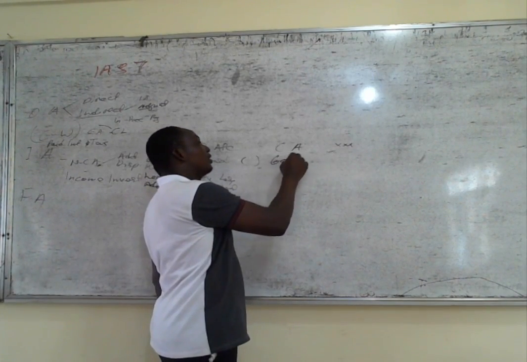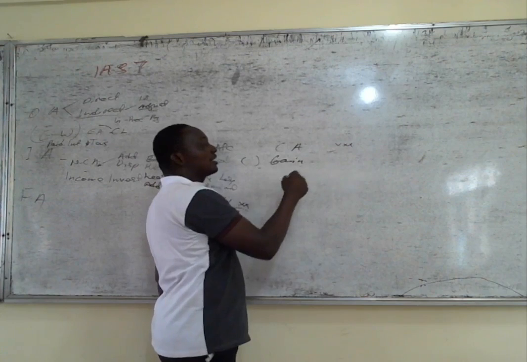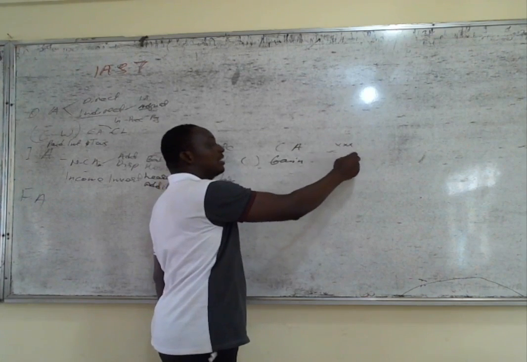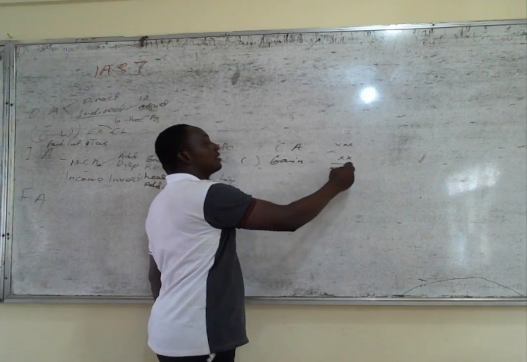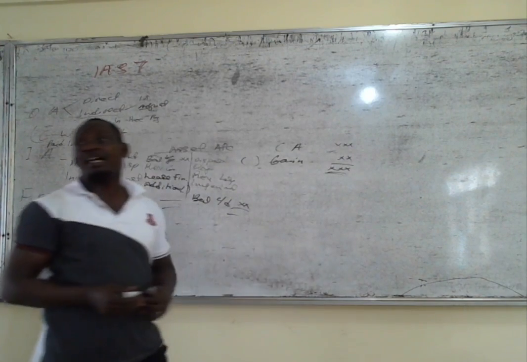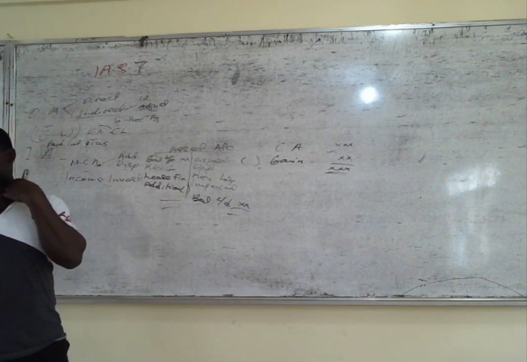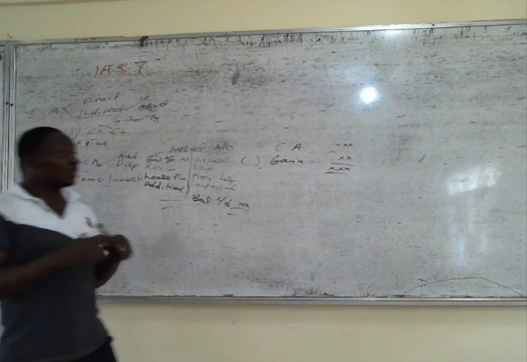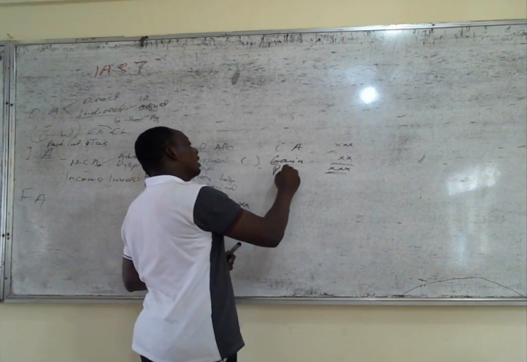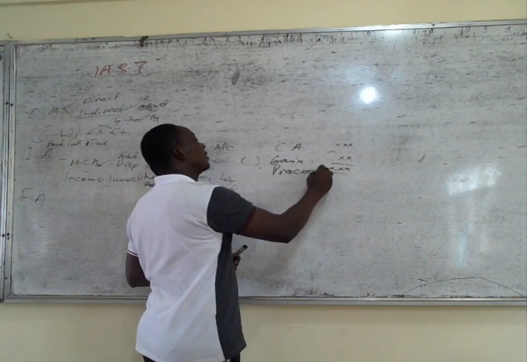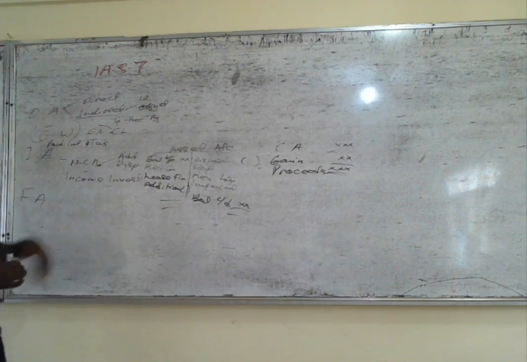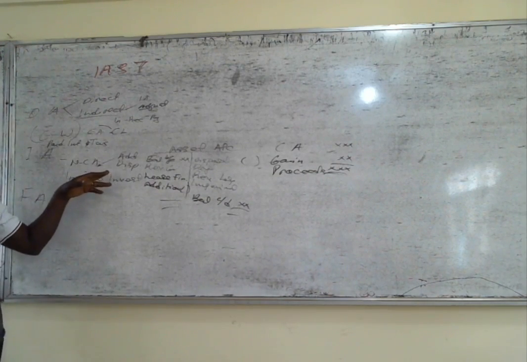If there is a gain on disposal, that means that the carrying amount plus the gain will give us the proceeds that were received. So the proceeds are supposed to be in the statement.